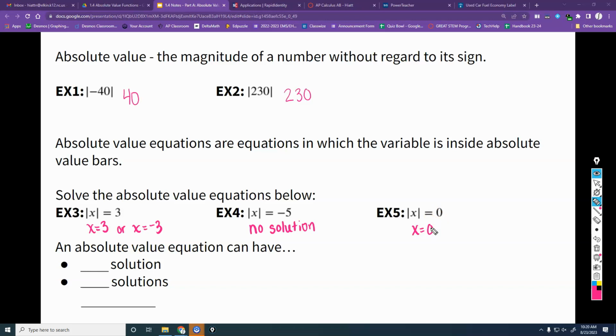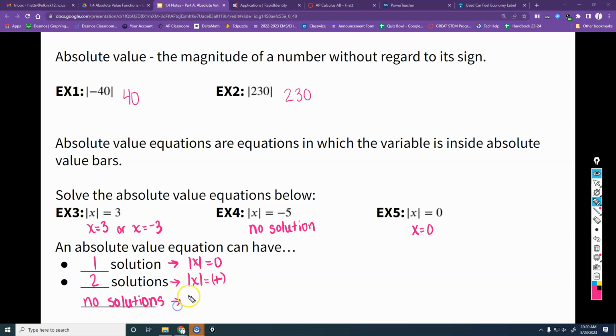So you have 3 options for absolute value equations. They can have 1 solution, 2 solutions, or no solution. Okay, and if you want to think about when that happens, 1 solution happens whenever your absolute value bars are equal to 0. 2 solutions is going to happen whenever you're equal to any positive number there.